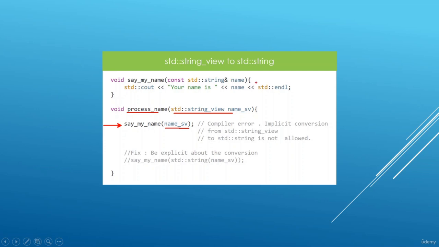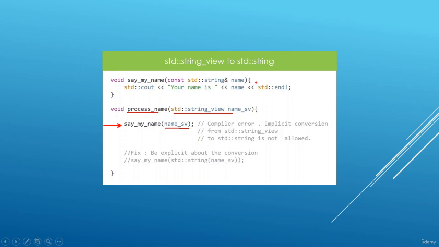Okay, again, to try and make this super clear, the type std::string_view was created to avoid copies of strings, and the compiler can't really be involved in helping you create a copy using string_view and store that copy in a std::string type.